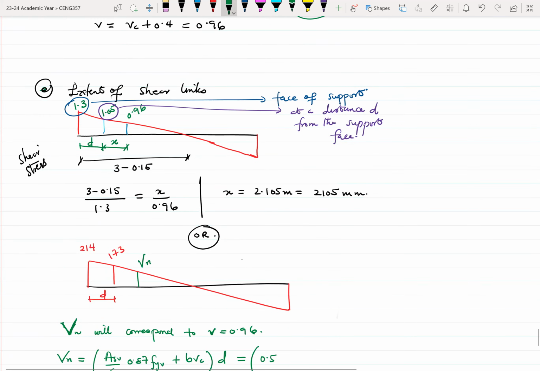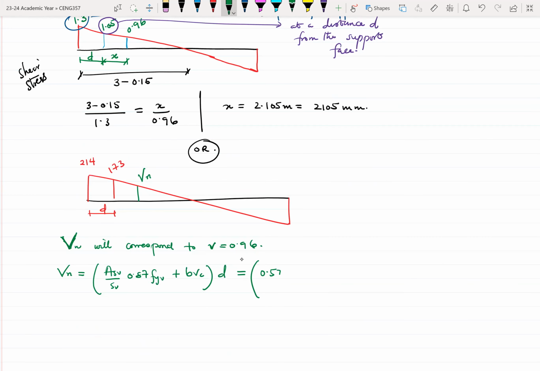So 0.757 times 0.87 times fyv of 250, plus b of 300 and a vc of 0.56, from the concrete that we found earlier. Then a d of 550 will give me a Vn of roughly 159 kilonewtons.